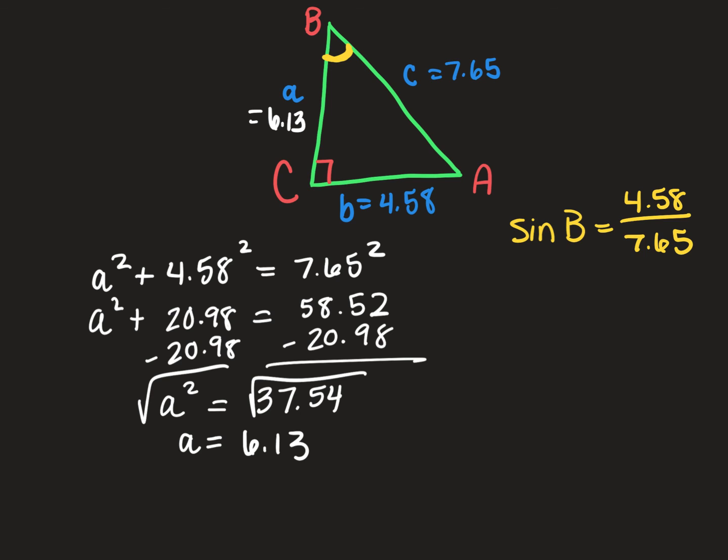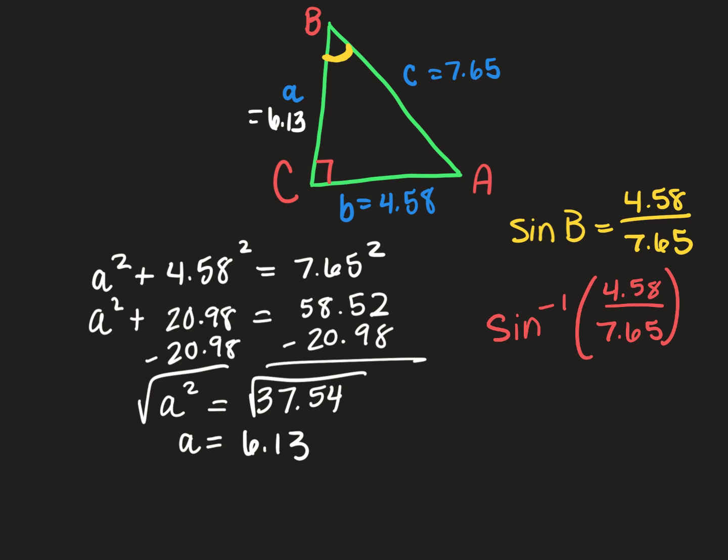Okay, so again, yesterday we learned how to find angle measures, right? In the calculator. How do we find the angle measure? The sine -1, right? So in your calculator, you're going to plug in sine -1 of 4.58 over 7.65.